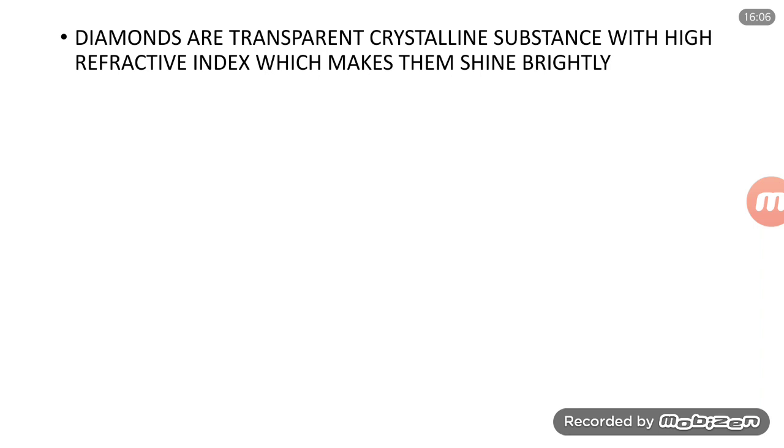When light travels from air into the diamond, since the diamond is denser than air, the speed of light inside the diamond will decrease, and before the light comes out of the diamond, it will keep on suffering multiple reflections inside the diamond. That property is called total internal reflection. Because of this phenomenon, the diamond shines brightly.